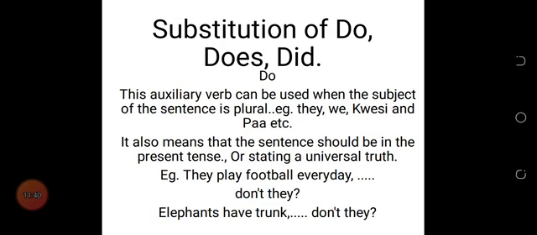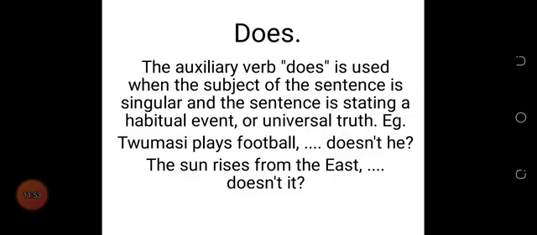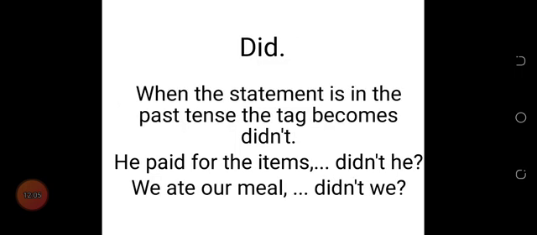Okay, so we said that do is used when we have a plural subject. It is also used when a sentence is in the present tense and stating a universal truth. Okay, then we also say that when we use does, it means that we have a singular subject, and not just that, the statement also is stating a habitual event or universal truth. And we were giving some examples under that. Then we talked about the verb did.